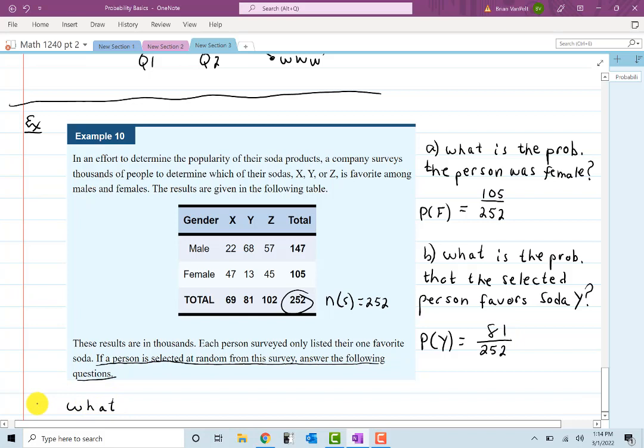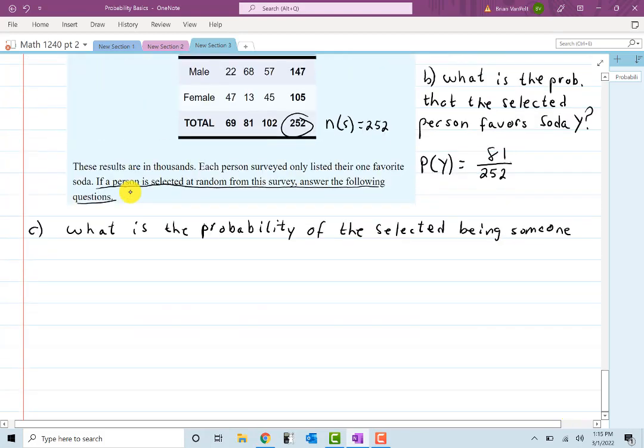What is the probability of the selected person being someone who likes soda Z and is female?